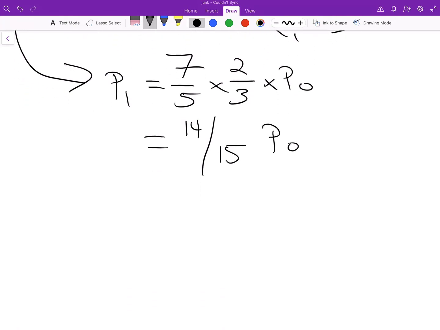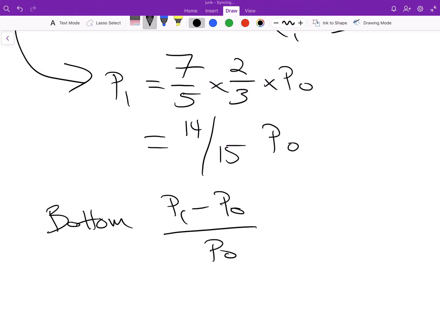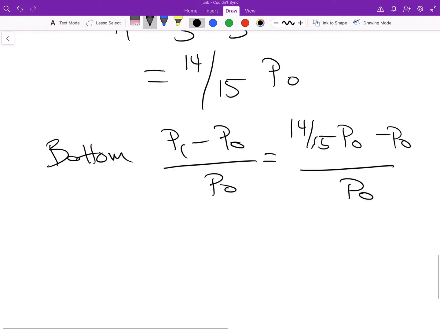And now for the bottom, we're just going to do the same trick as before. Right? P1 minus P0 over P0. Well, let's plug everything in here. Now we have P1 is equal to 14/15 P0 minus P0 over P0.